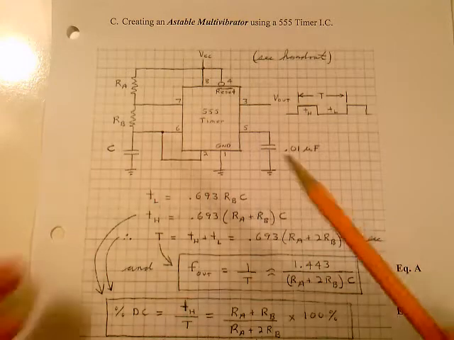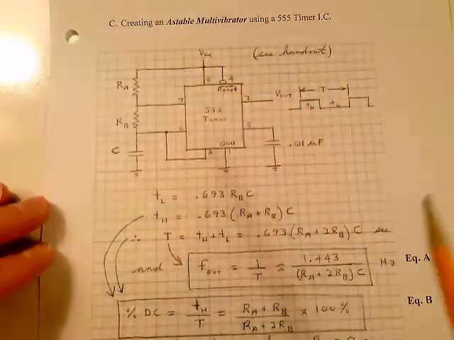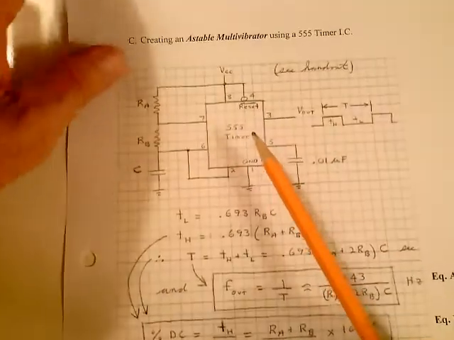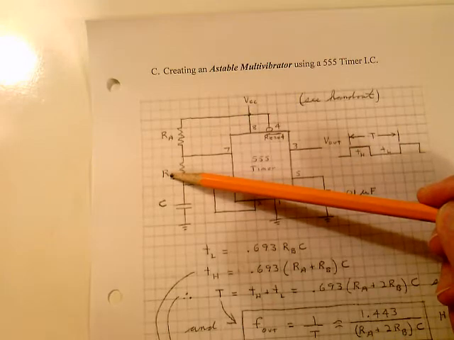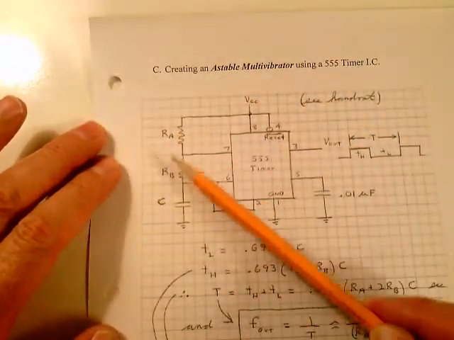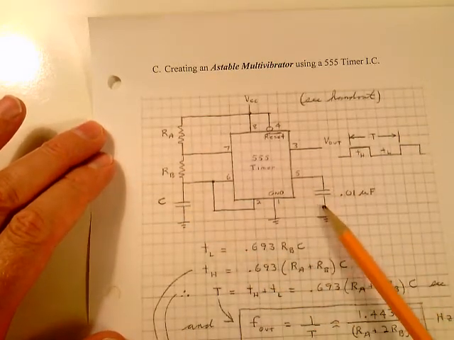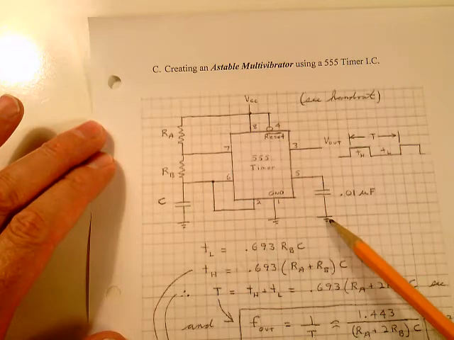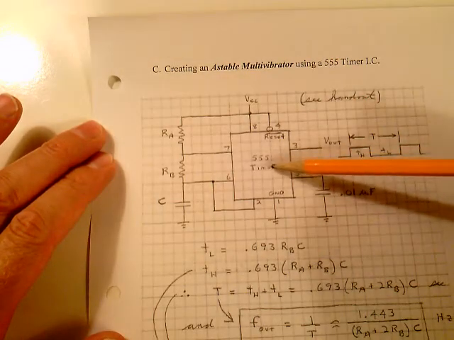So this is what you need to know about the 555 timer if you're running it in a free-running astable circuit. You connect the circuit like this. Notice it has two resistors, RA and RB, and a capacitor C. RA, RB, and C are used in all your calculations. This 0.01 microfarad capacitor from pin 5 to ground is used as a stabilizer for the chip.